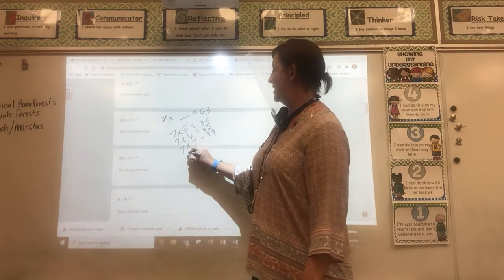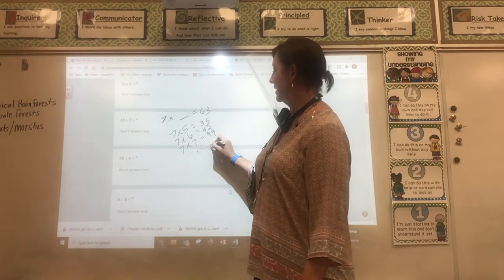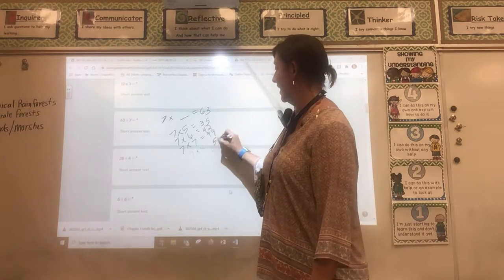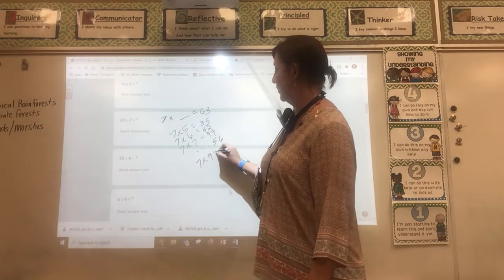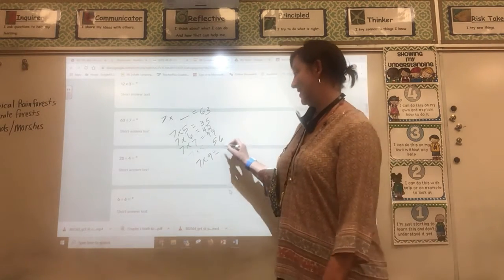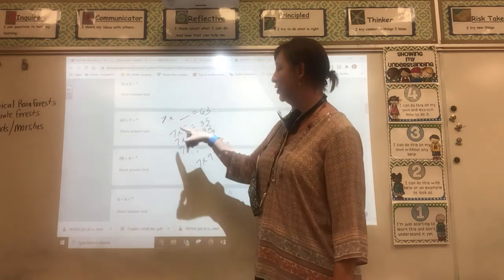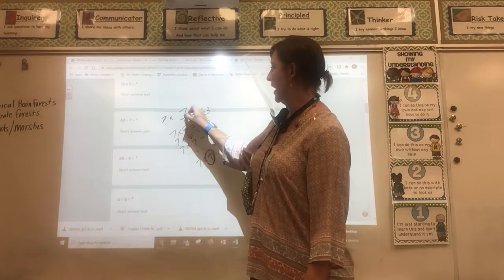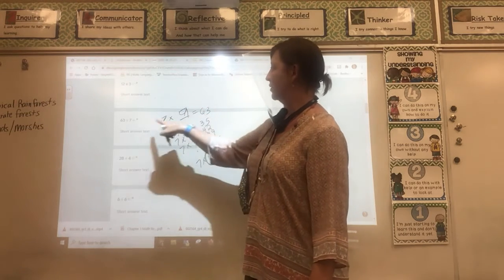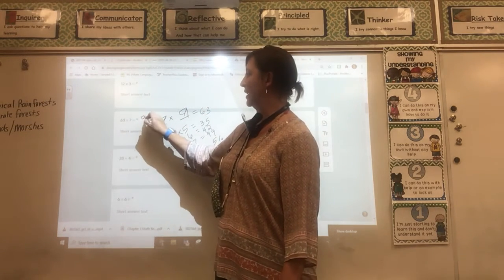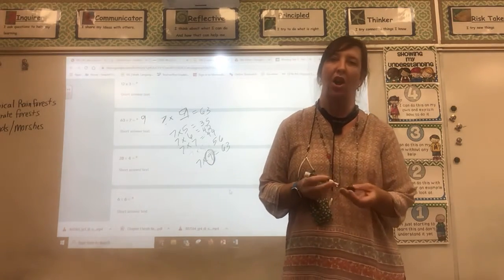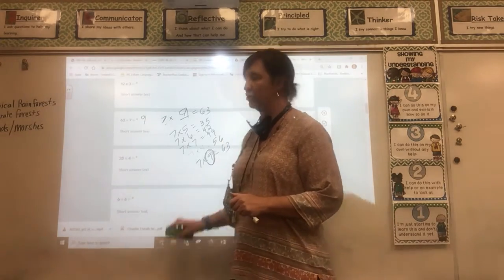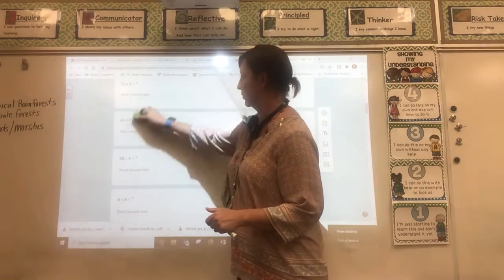And then 7 times 8, that is 7 more, 56. And then 7 times 9, 63. So you can count your way up. Once you get that, you can see that 7 times 9 is 63. So 63 divided by 7 is 9. All division is the opposite of multiplication. If you know your multiplication, you should be able to solve your division problems.